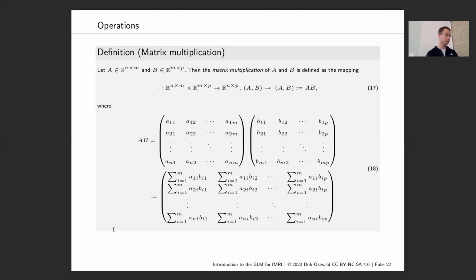Good. So the first crucial thing about matrices is to multiply 2 matrices. And that's what is happening all the time in the GLM or everywhere, if you look at the implementation of things.